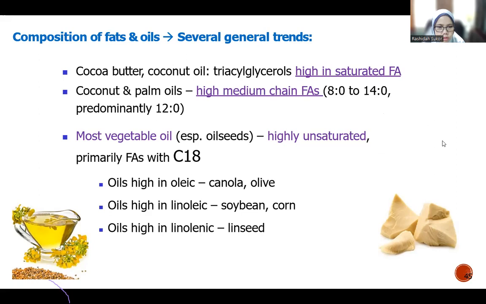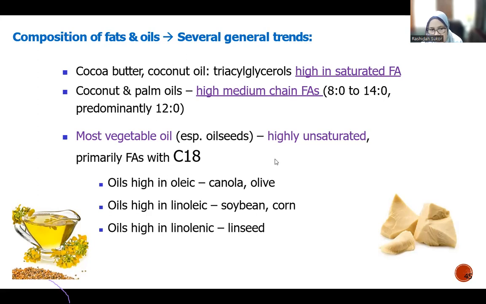Most vegetable oil, especially oil seed vegetable oil, the source of the oil is in the seeds. Highly saturated and highly unsaturated, and the primary fatty acid is carbon 18.